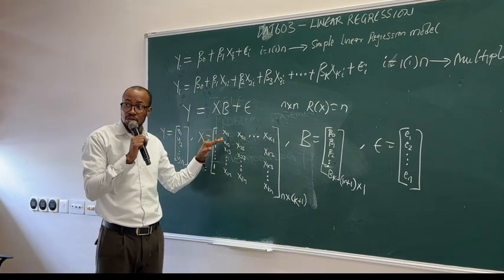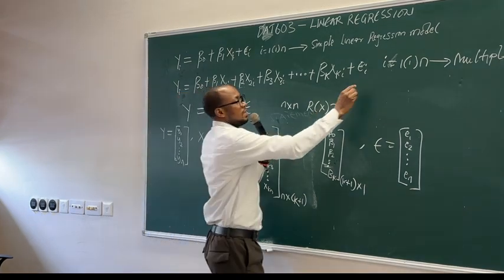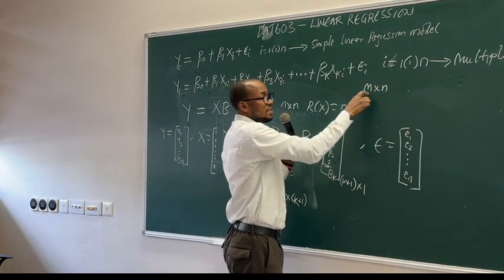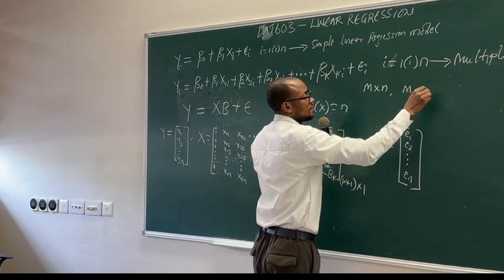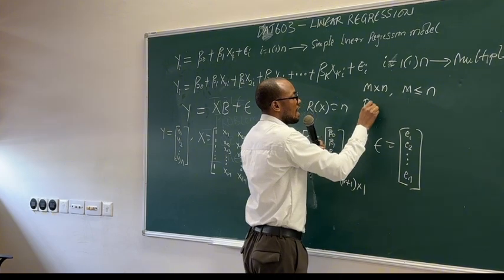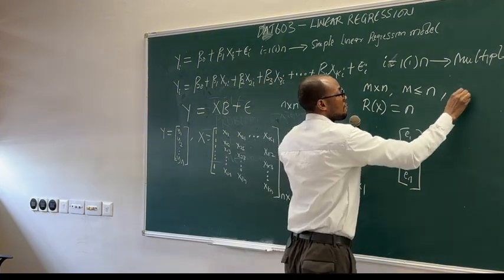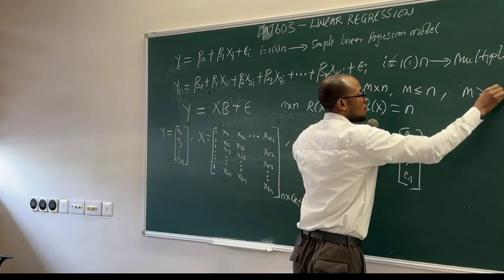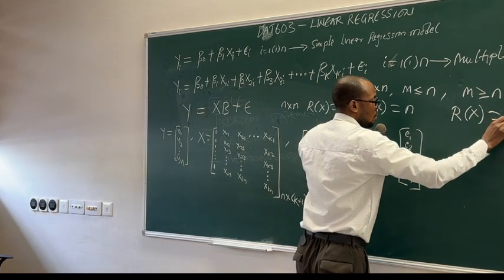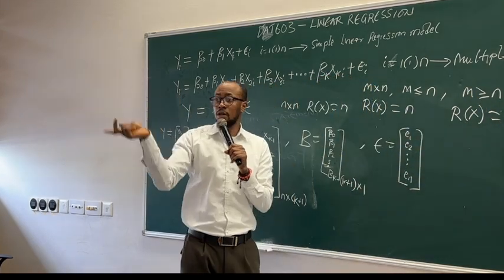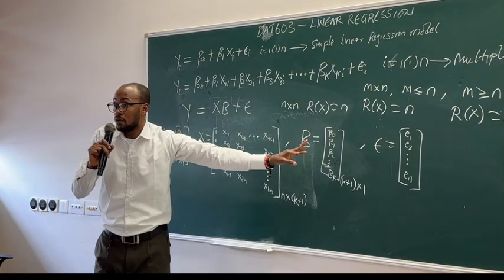If the matrix is m by n, where m is the number of rows, and m is less than or equal to n, the rank of that matrix X would be equal to m. If m is greater than or equal to n, the rank of that matrix X will be equal to n. It's like the converse of what holds. So it is still a full rank, okay?